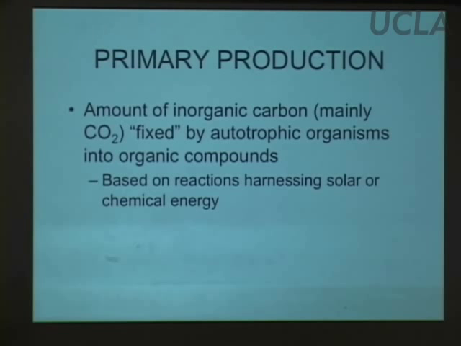Depending on how we define those units, it can be production or productivity. And the basic idea is that this process is essentially based on reactions driven by sunlight. Although in some cases there is production, like in deep sea hydrothermal vents, that occurs in the absence of sunlight. Sunlight really dominates the energy budget here.